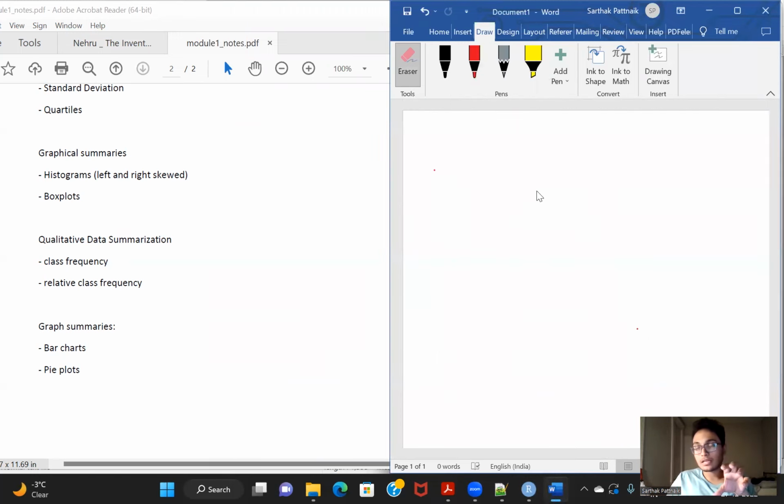We'll come to all those aspects of skewness and how it affects the data as we move on in this curriculum. But first, I want to make you understand what skewness means in the first place. The histogram that you just saw, you can see that the number of observations in each bin are more or less equal, or at least similar.